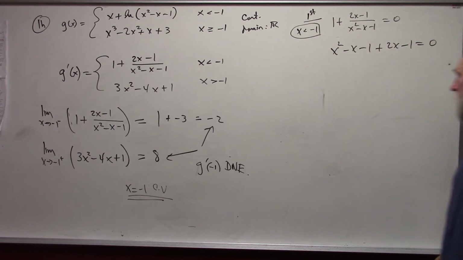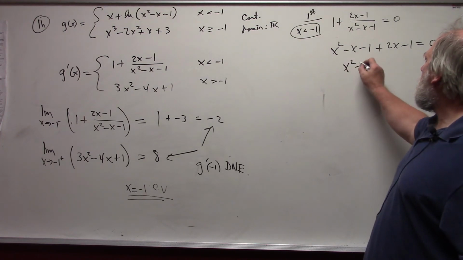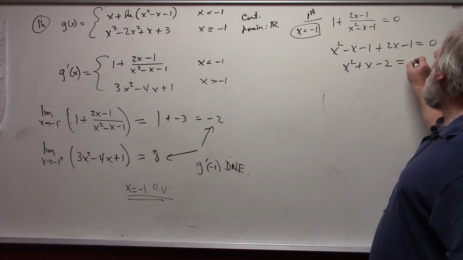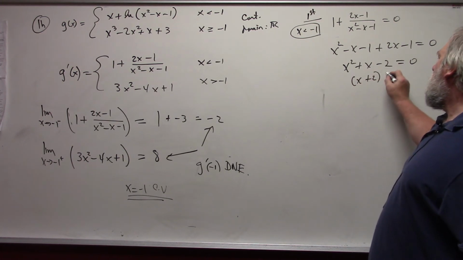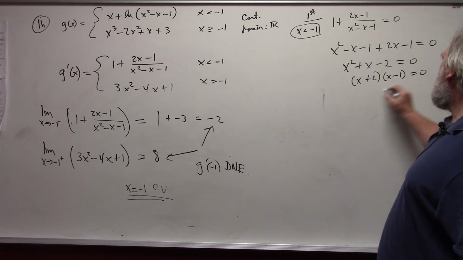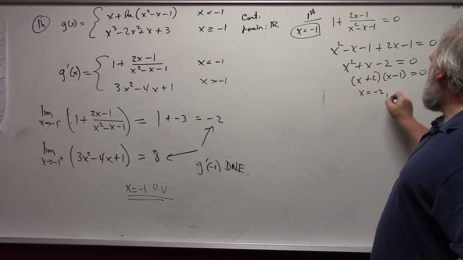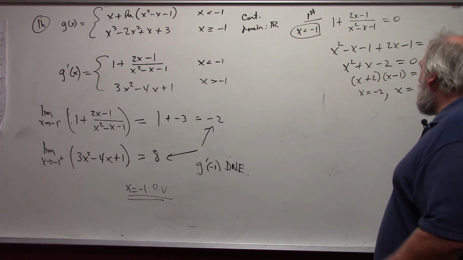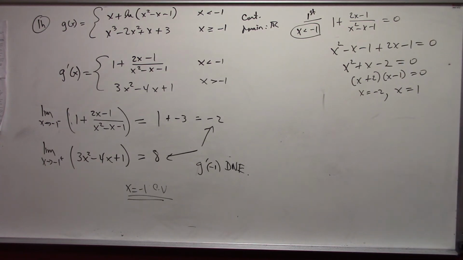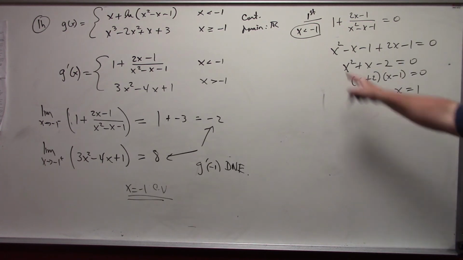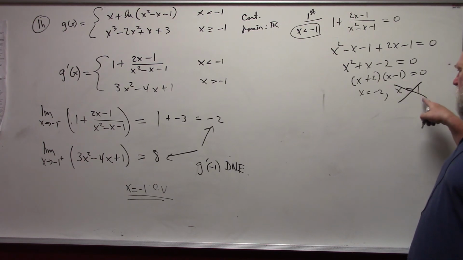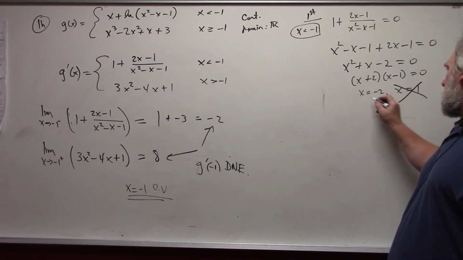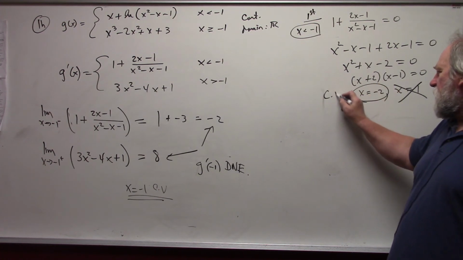Multiply everything by the common denominator. That gives me x squared plus x minus 2 equals 0, which factors nicely. X plus 2, x minus 1. X is negative 2, or x equals 1. Now, this is where that domain becomes important. X has to be less than negative 1, so therefore 1 is not a real critical value. Negative 2 is the critical value from this section.